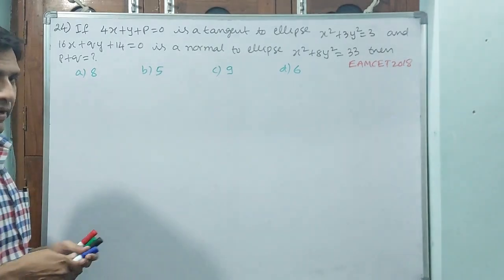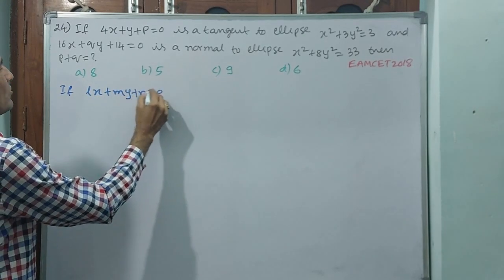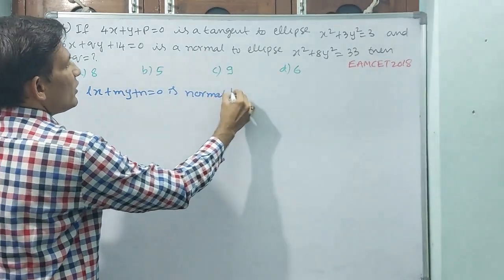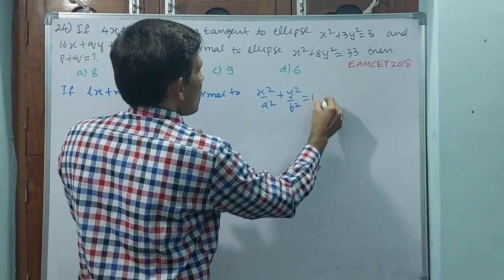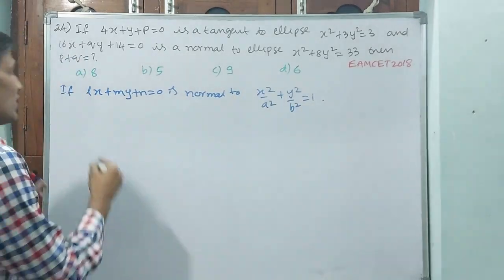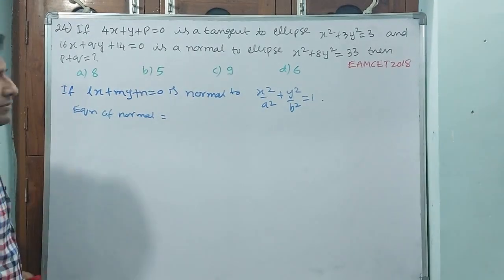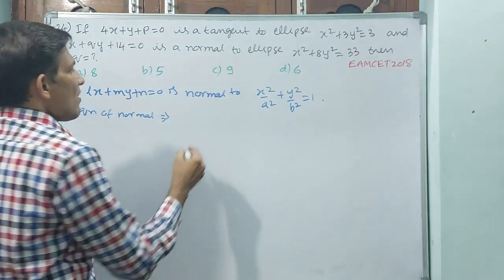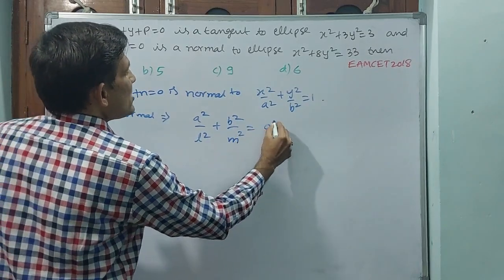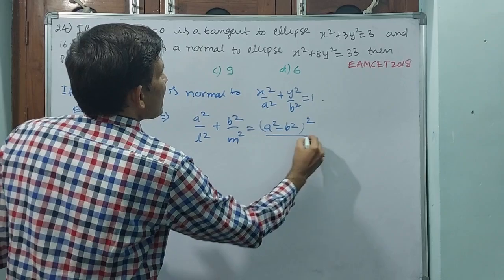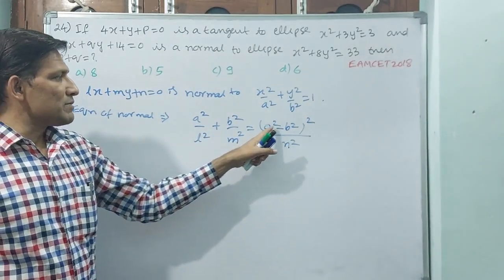For normal, see what I am writing. If lx + my + n = 0 is normal to the ellipse x²/a² + y²/b² = 1, then the equation of normal condition implies a²/l² + b²/m² = (a² − b²)²/n².